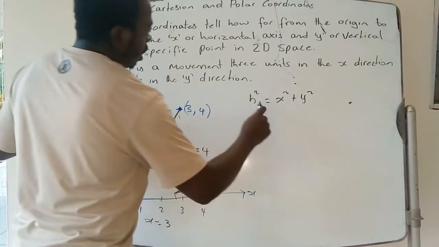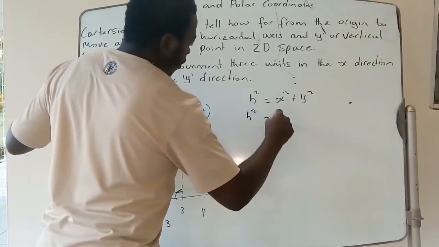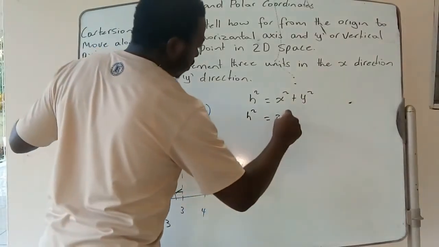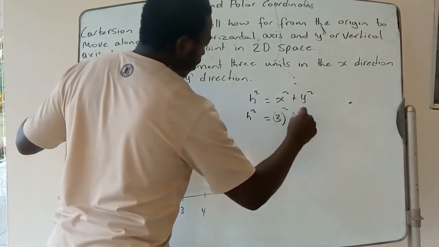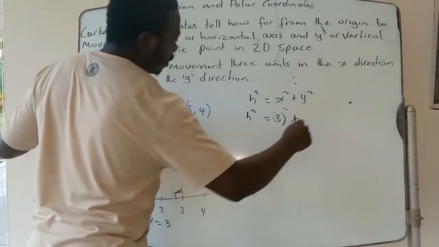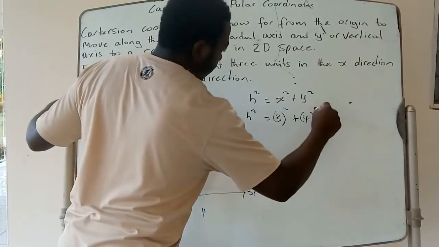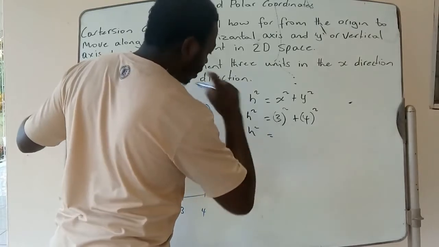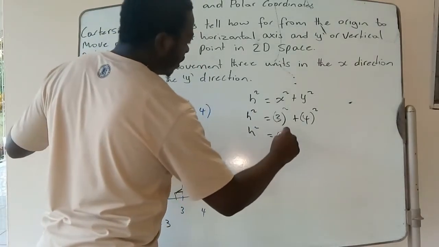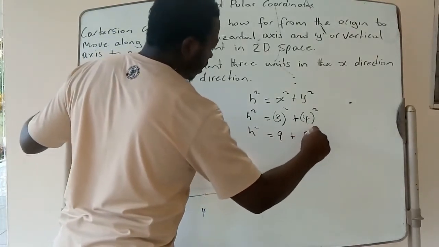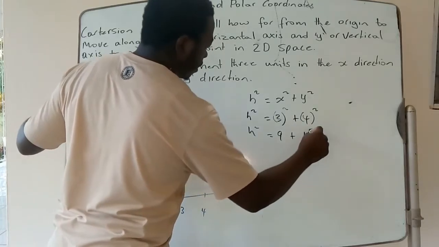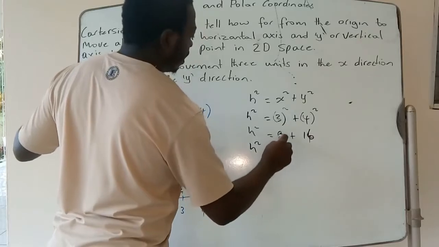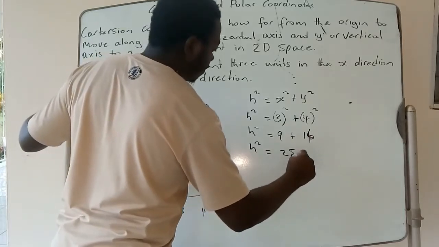Now, h squared would equal x squared, but what is x? x is just 3 here, so this would be 3 squared plus y squared, which is 4 squared. So h squared would equal 3 squared, that is 9, plus 4 squared, that's 16. So h squared is equal to 9 plus 16, that's 25.